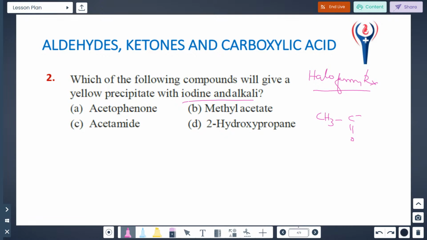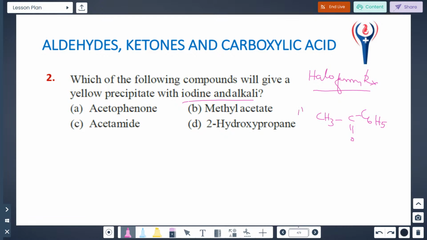Okay. So here when you write this, what's the structure for acetophenone? It means CH3 C double bond O. Then here right hand side what? C6H5. Okay, this is the formula for acetophenone. Right. Then another one is here.